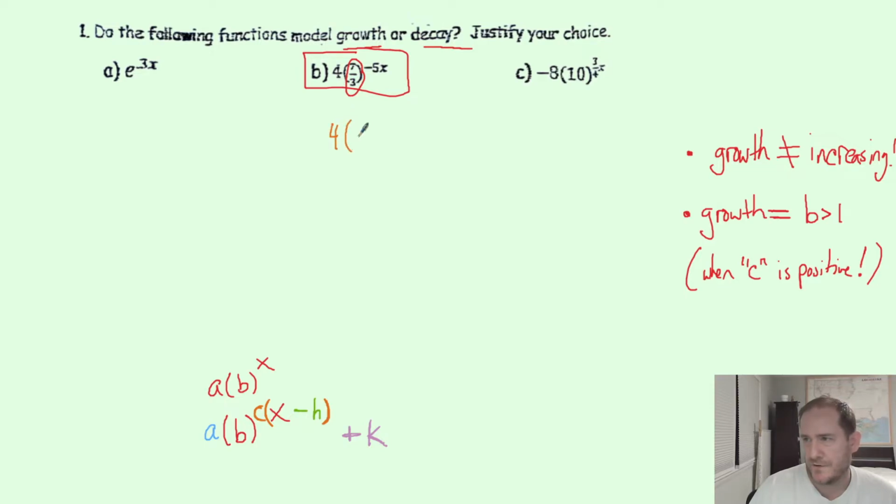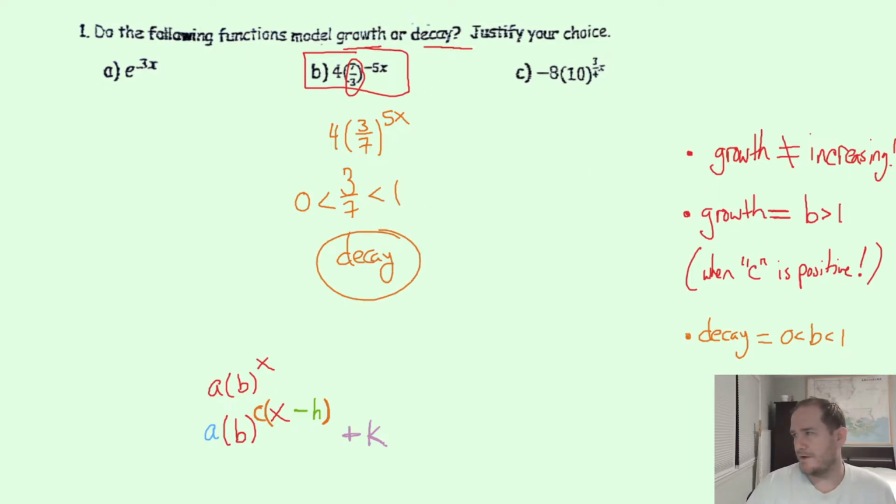It's got to be 4 times a base of 3/7 to a now positive power. So now we check this box of c is now positive, but now we're looking at a base that's less than 1. And of course, that's decay. Decay is when you have a base that lives between 0 and 1. So since 3/7 is less than 1, bigger than 0, this function models decay.